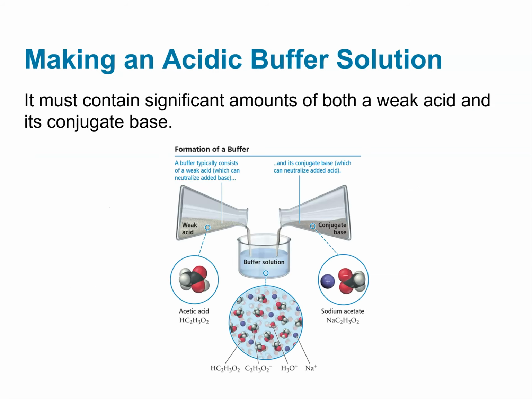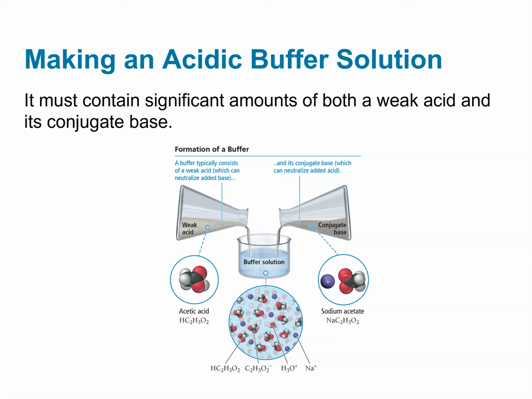Okay, so moving along, how do we make an acidic buffering solution to start? We'll start with the acidic buffer solution, and eventually we'll move on to the basic buffer solution. So under this particular example, it contains a significant amount of both a weak acid and its conjugate base. And what we'll see as we get into the weeds a little bit more is you have to have both together.